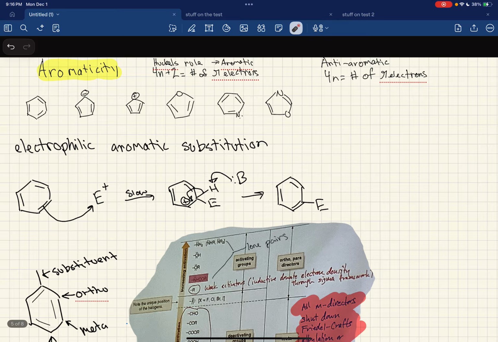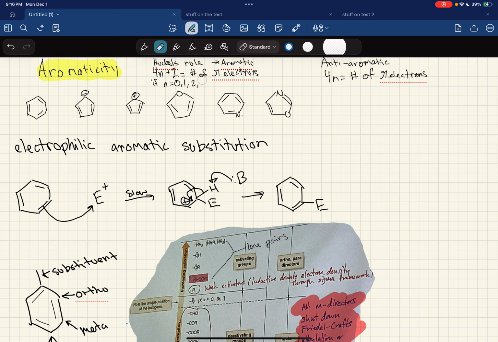So if n equals 0, 1, 2, 3, into infinity, maybe not into infinity, I don't know about that. You guys get the point. Just integers, then aromatic.